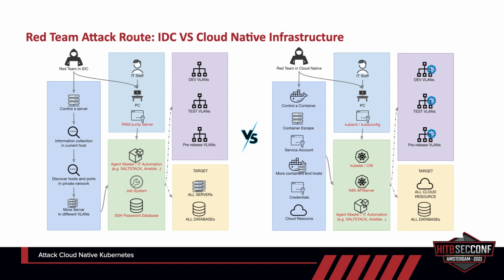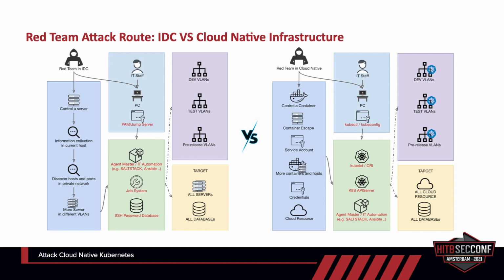On the other hand, the methods of attacking personal computers in the office network are similar to the traditional skills, but the lateral movement from PC to production network will be very different. In IDC, staff usually depend on PAM, Jump servers, and other devices that use SSH to log in and manage servers.